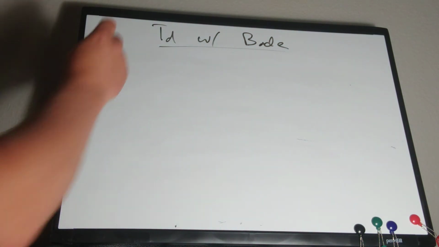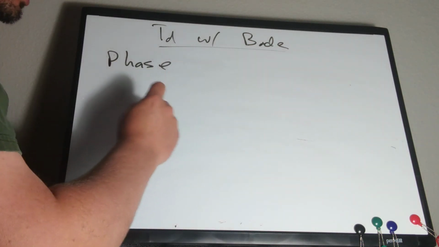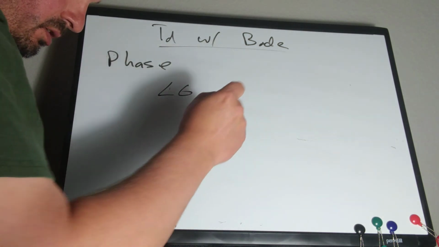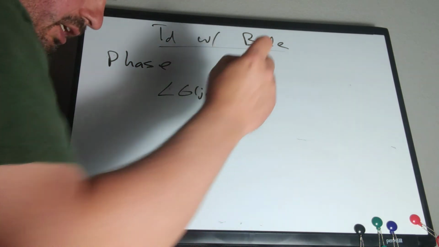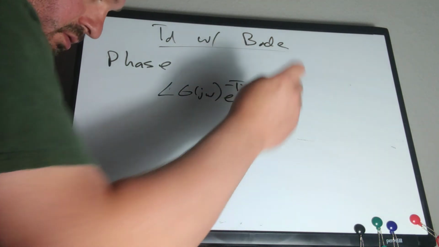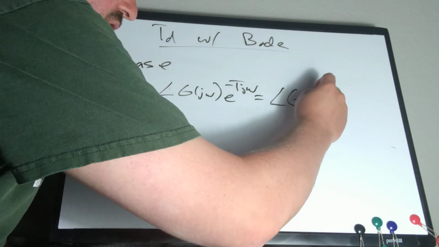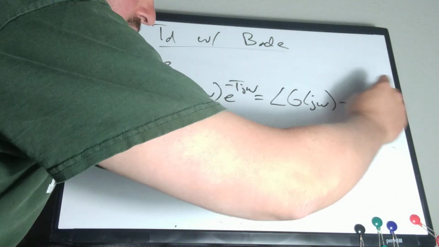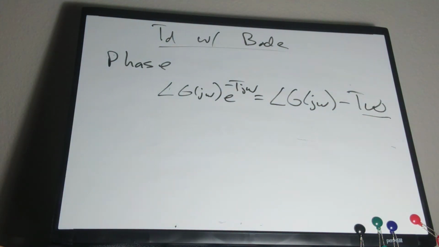And secondly, we will cover phase. We see from the end of another proof we will not go through that our phase angle of G of jw e to the negative T jw will equal the angle of G of jw minus T omega, and this T omega shows the change in our phase.